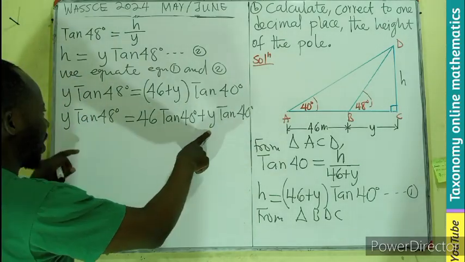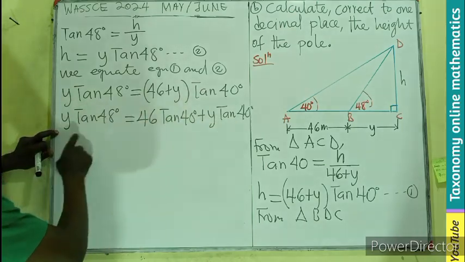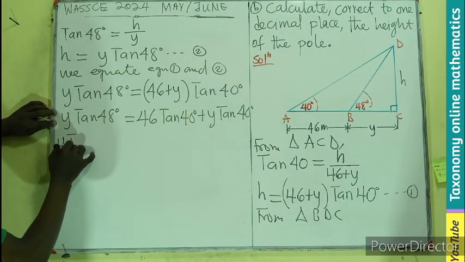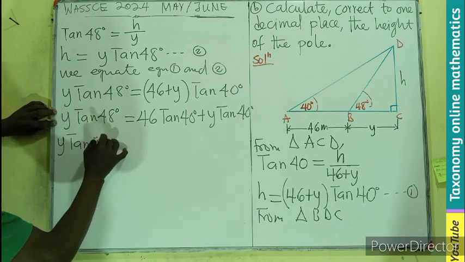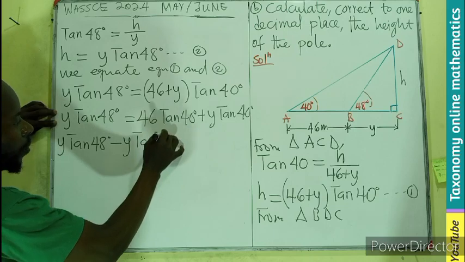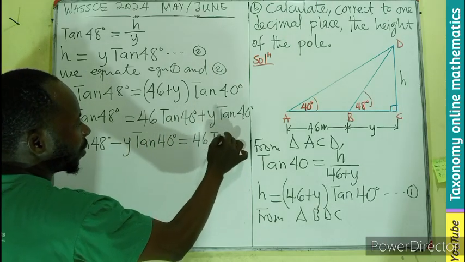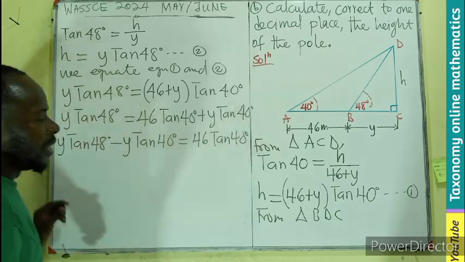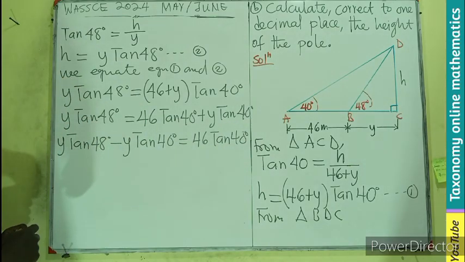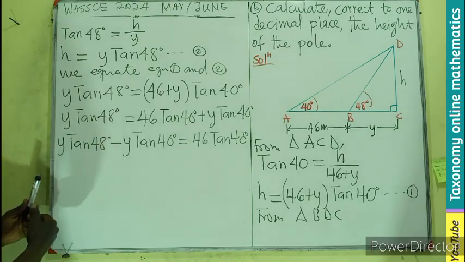So you can see y is here, y is here. So let's bring the y together by bringing this to the left. Y tan 48 degrees minus y tan 40 degrees equals 46 tan 40 degrees. So we can agree that y is common. So we take that out as the common factor.